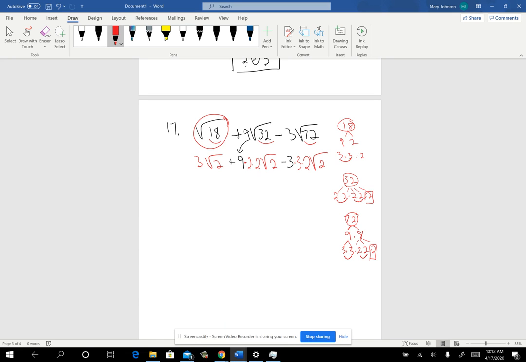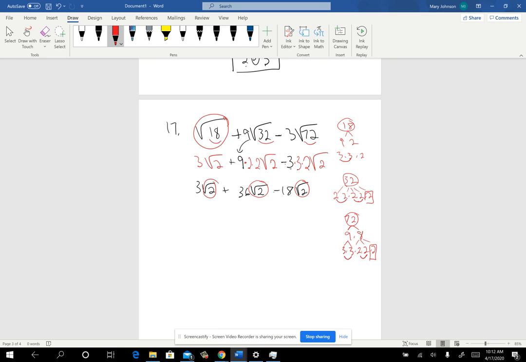All right, so let's take a look at what we have right now. We have a 3 square root of 2, and then here really the 9 times the 2 times the other 2 would wind up being 36 with the square root of 2. Then a 9 times 2 would be an 18 with the square root of 2, and it was a minus in front of that one. So you see how once we simplified, we now had the same radical part.